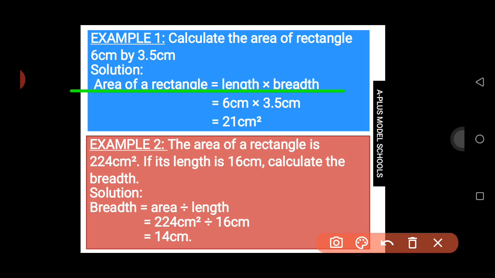So multiplying it, 6 multiplied by 3.5, that is the same thing as 3.5 multiplied by 6. 6 times 5, that is 30. 0 remainder 3. Then 6 times 3, 18. 18 plus 3, that is 21. Now, come back to the question.